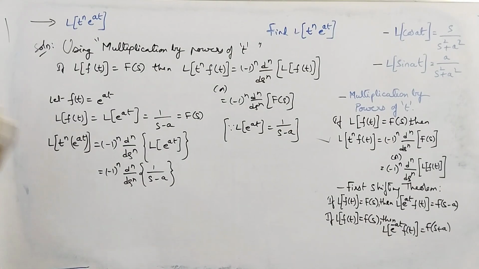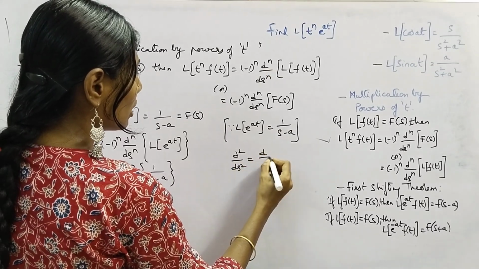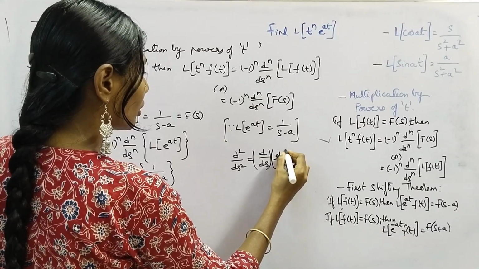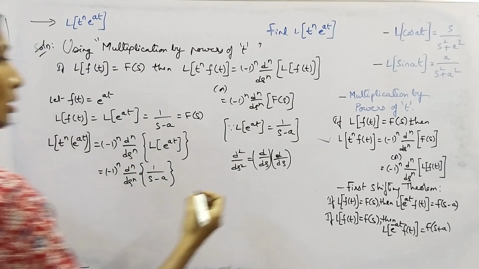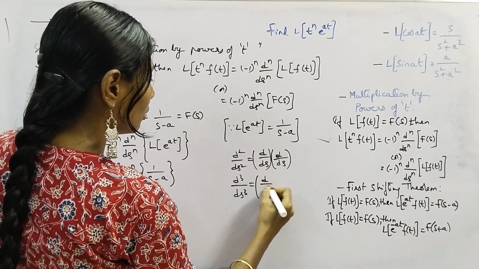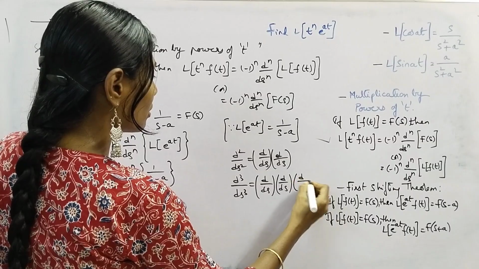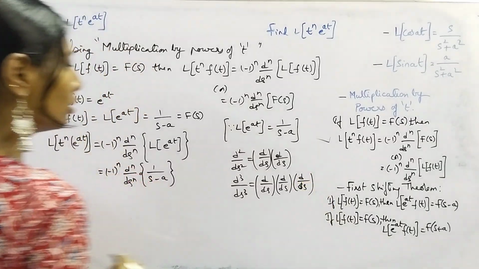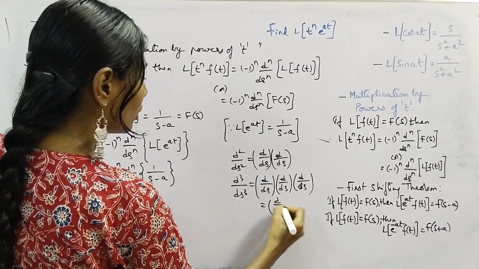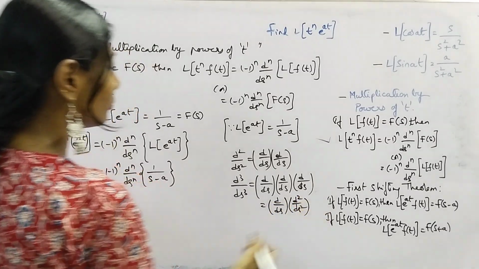So let's see how we are going to find it. You know that d square by ds square is nothing but d by ds into d by ds. Likewise, d cube by ds cube can be written as d by ds into d by ds into d by ds, or d by ds of d square by ds square.